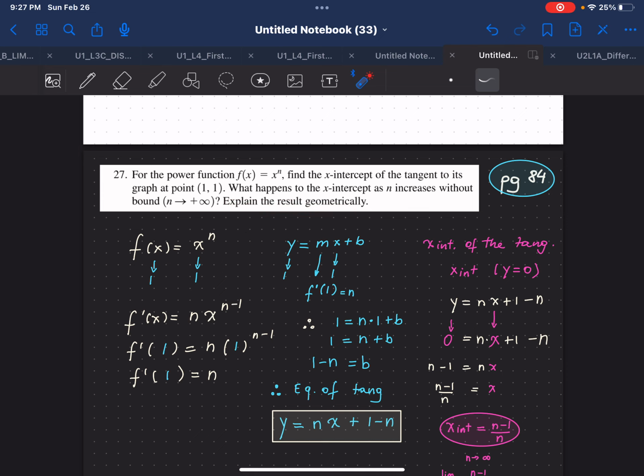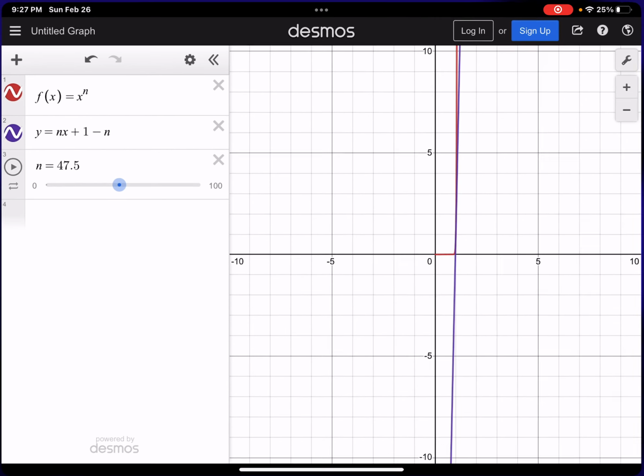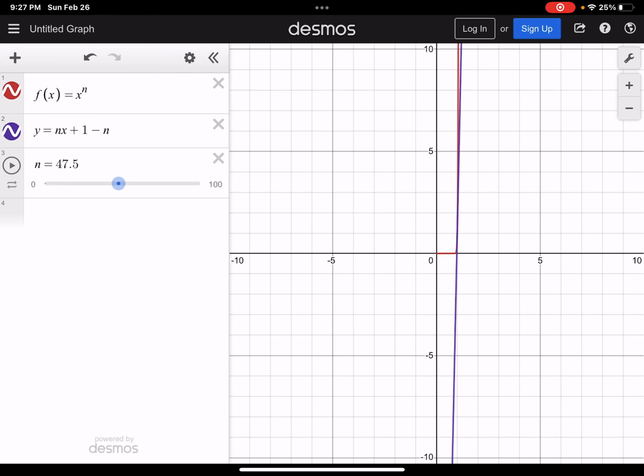So I prepared the geometric explanation, which is basically the graphical explanation of this solution, ahead of time. Let's see if it is saved in here. Okay, cool. So what we do in this case is we write the equation of the function f of x equals x to the power of n. When you do so, you notice that a slider will pop up.